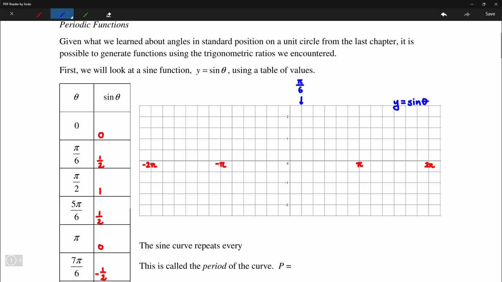So when theta is equal to 0, we have 0. When theta is equal to pi over 6, we have 1 half. And then when theta is equal to pi over 2, 1. 5 pi over 6 back to 1 half. And when theta is equal to pi, we have 0.